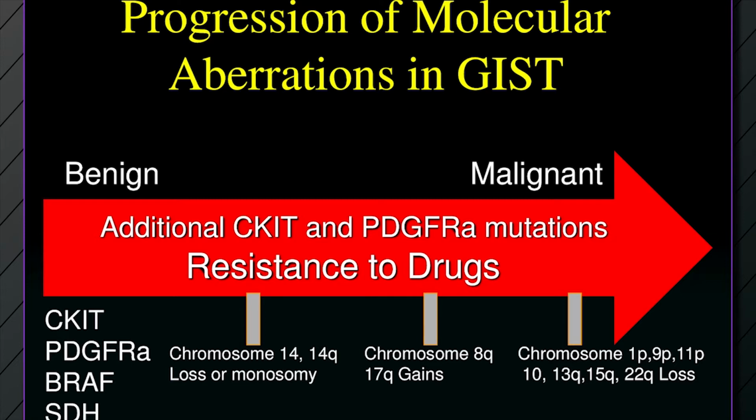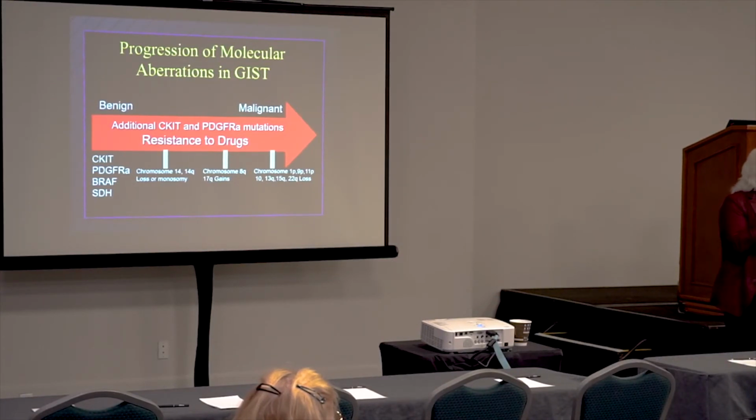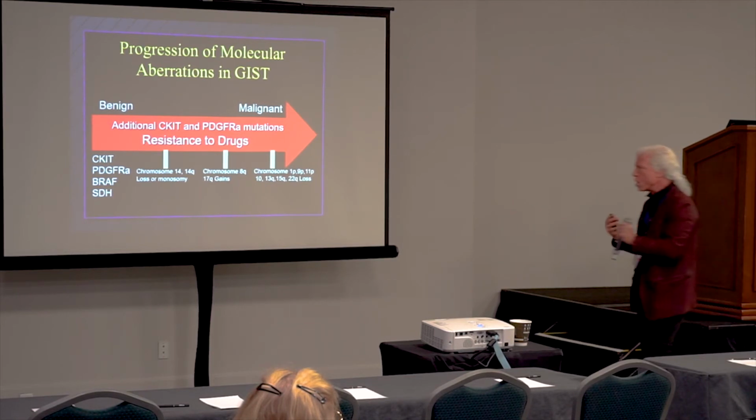And those new mutations can be very problematic because they can make the tumor more aggressive. They can activate the cell pathways that prevent a drug from being active. So maybe imatinib worked for the first 5 years, but now it's not working. Why isn't it working?